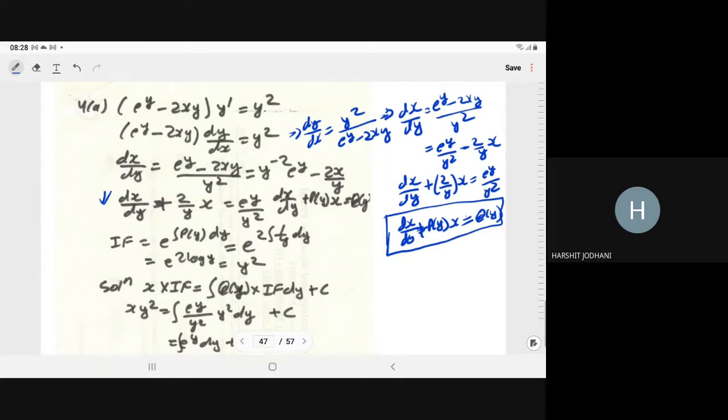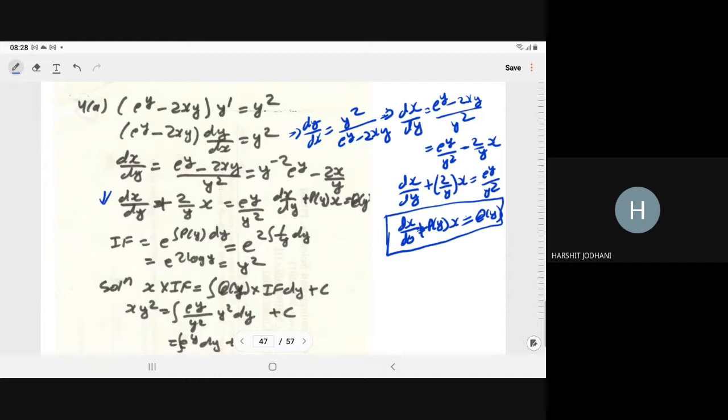So that is the standard linear equation in the form of dx upon dy. Earlier we took the integrating factor e to power integral P dx. Now we have to take the integrating factor e to power integral P(y) dy. So it will become e to power integral of 2 upon y dy, that is e to power 2 ln y, or y square.